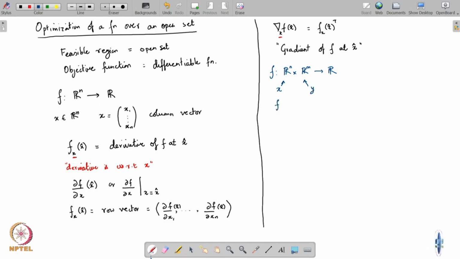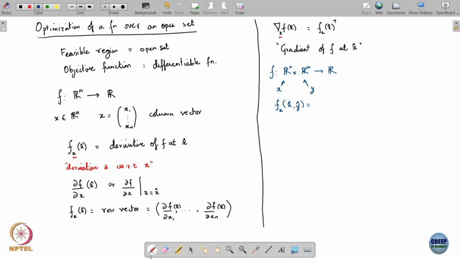If I write something like f_x at x hat comma y hat, can someone tell me, is this a row vector or a column vector?